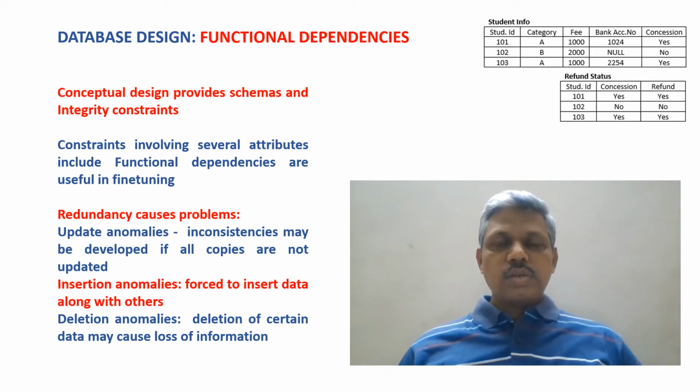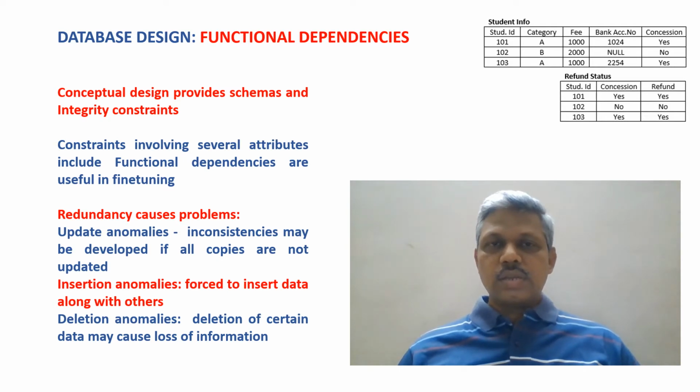If we first look into the update anomalies, suppose a particular attribute is repeated at 3 or 4 locations across different tables. Then whenever the value of the attribute in one table is updated, all its copies must be updated.